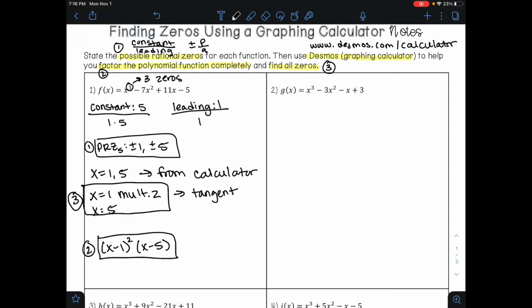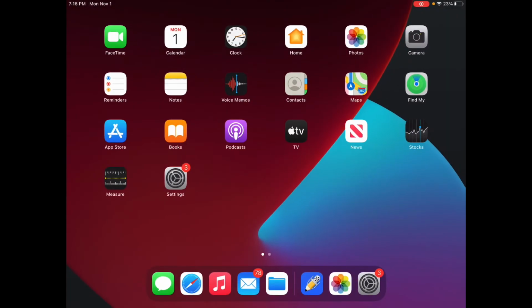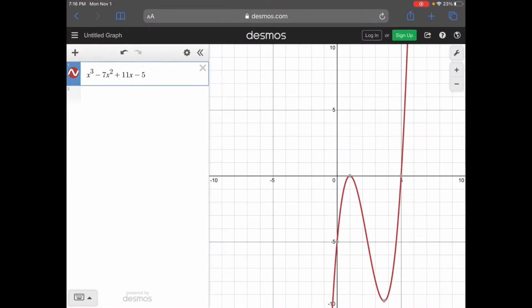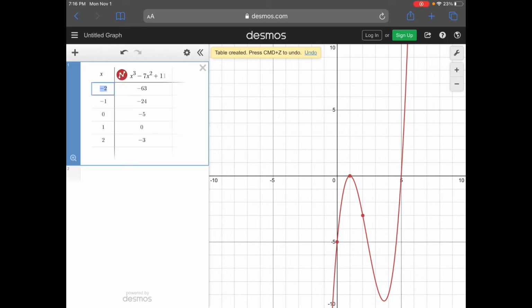Now I did say that there was another way of how to do this, so let's go back to Desmos so I can show you that. If you have a hard time finding your zeros from the graph, another thing that you can do is look at the table. So if you hit this settings gear up here, there is an option to select a table.